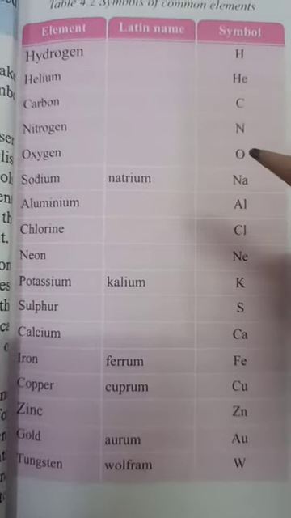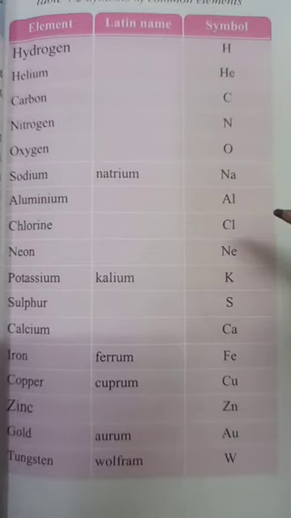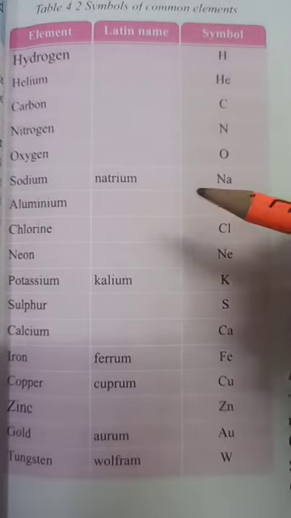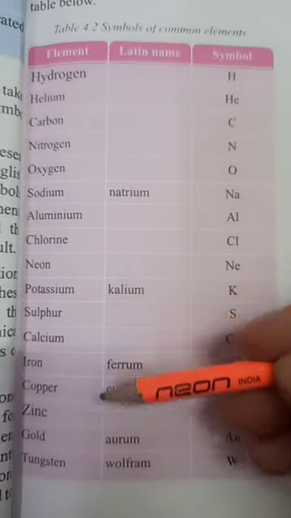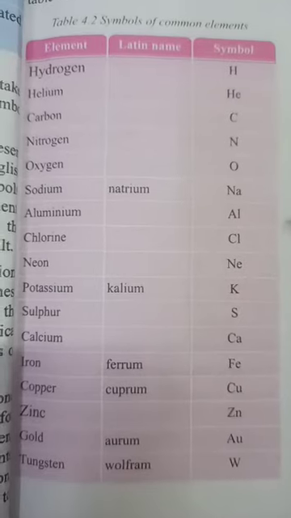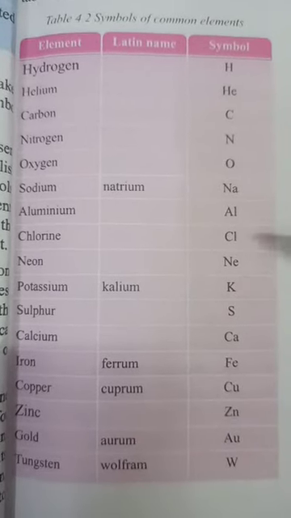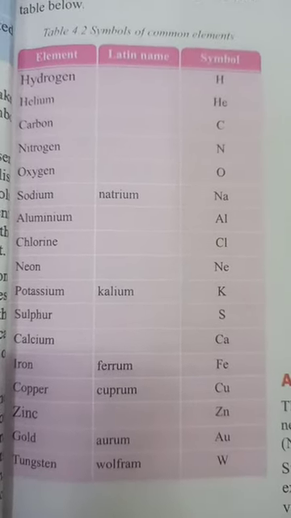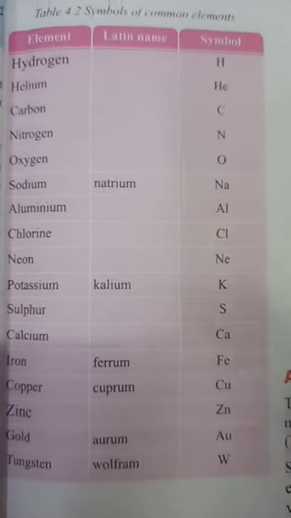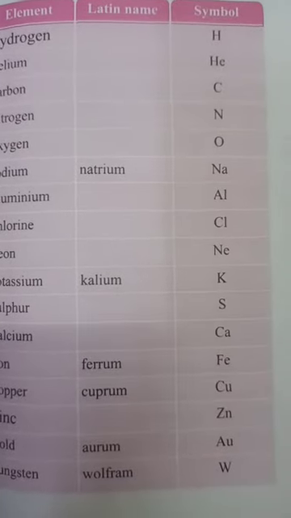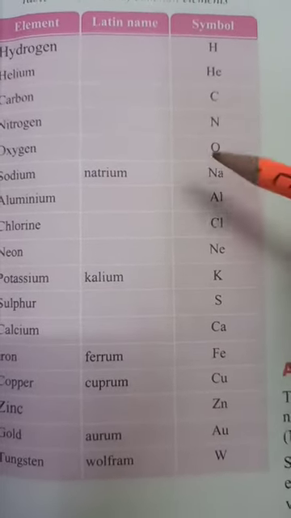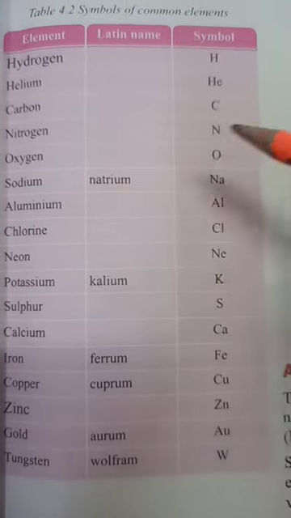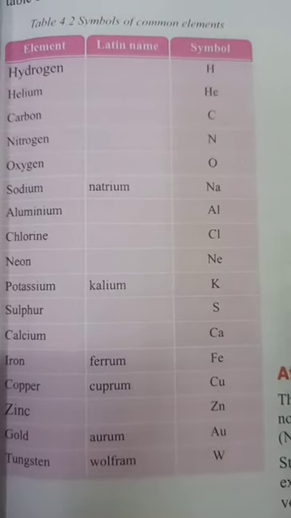When we ask you to write the names of these symbols, or sometimes we can give you the names of the elements and you have to write the symbols for them. So you have to learn all the element names along with their symbols, and no need to learn Latin names. Leave this column, only the first and last column are important in this table.